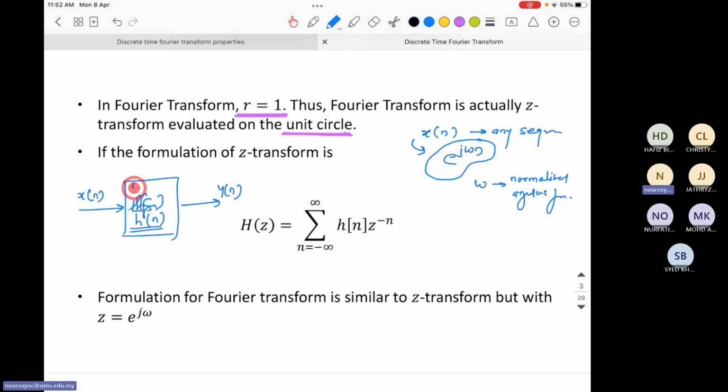This is a linear time invariant system, an LTI system. The discrete time Fourier transform of the impulse response of this system, if it converges, is called the frequency response of that system. So to get the transform, this impulse response should converge. That is a very important thing.